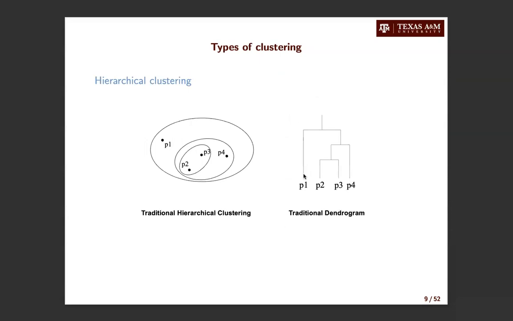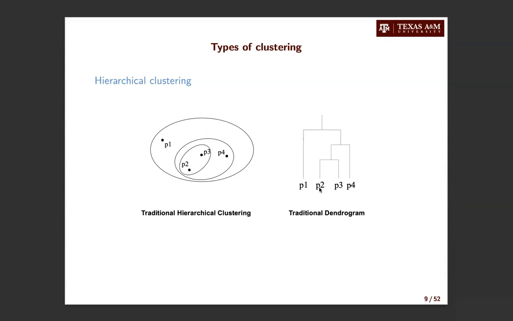In contrast, for hierarchical clustering, we impose some type of hierarchy onto the clusters. So for example, in this case here, we have samples P2 and P3, which belong to one cluster by themselves. And then the combination of this cluster with sample P4 is considered another larger cluster of data.